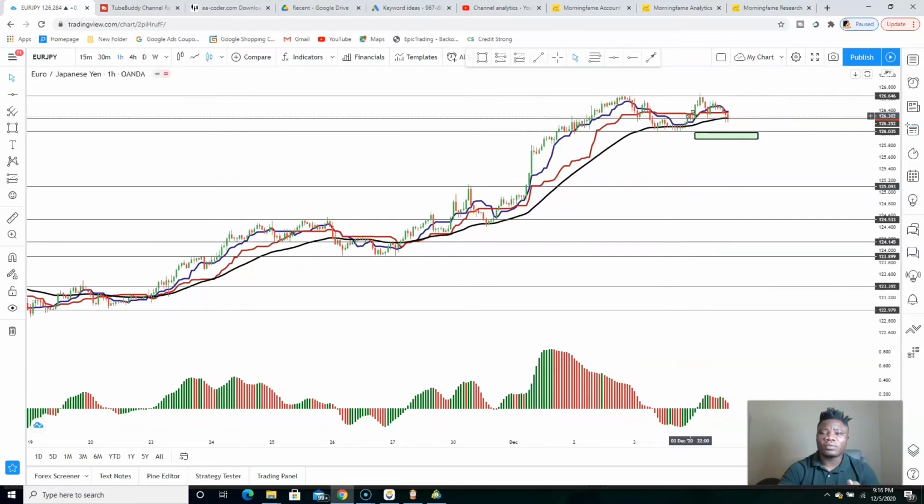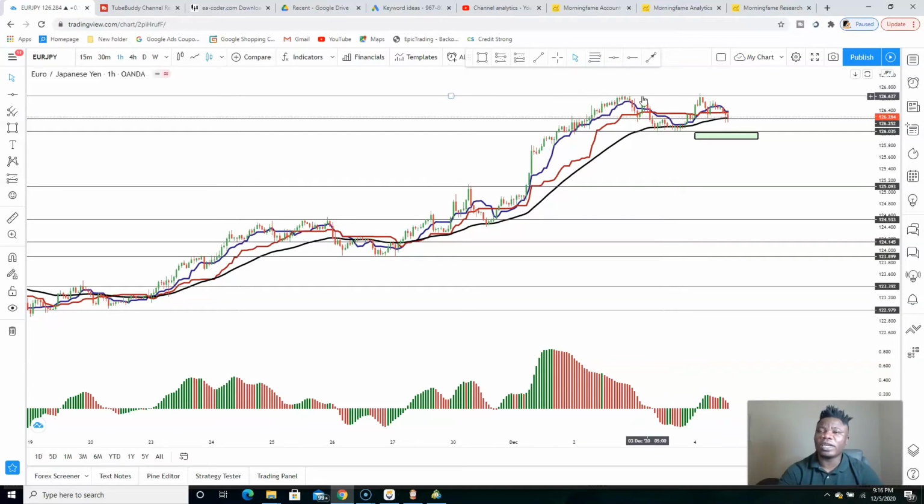Now, if price goes the other way, you have to wait for these two indicators, which are your Tenkan Sen and your Kijun Sen. You have to wait for that cross to happen, going upwards, and you have to make sure price actually breaks this resistance zone, because this is a major zone right here, as you guys can see.